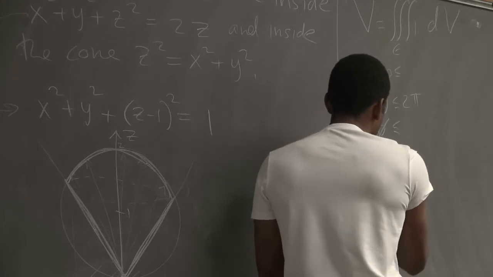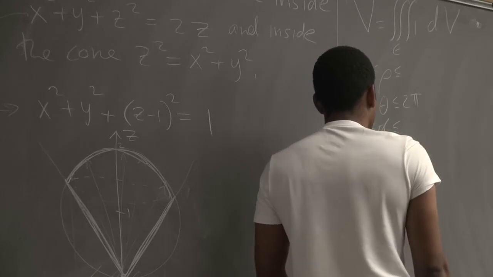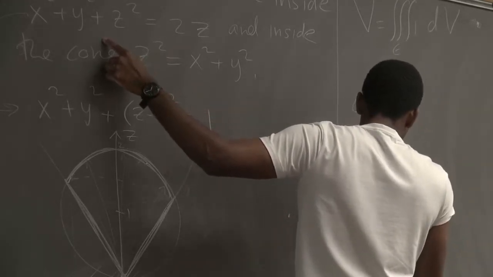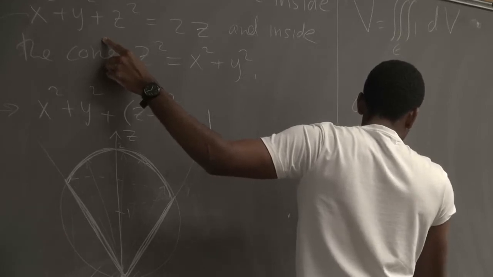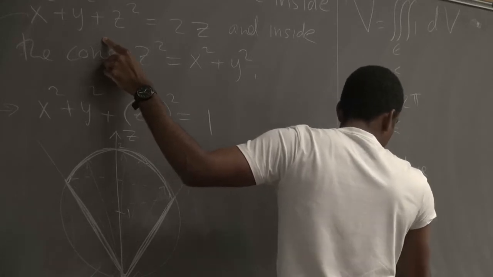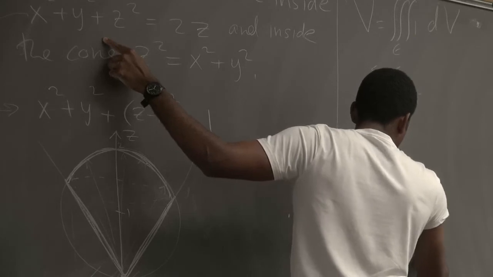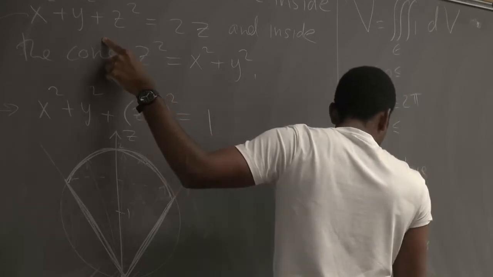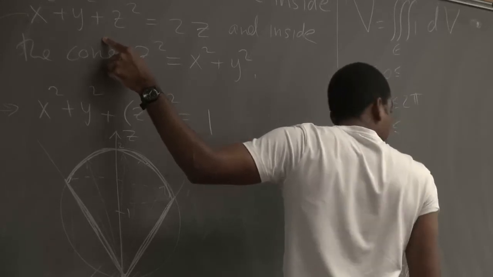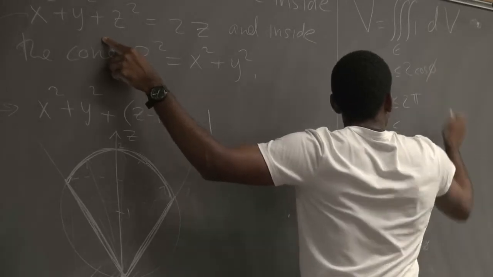Now what is the sphere's equation? x squared plus y squared plus z squared equals 2z, so rho squared equals 2 rho cosine phi. In other words, I can say my rho is equal to 2 cosine phi. So my rho goes from 0 to 2 cosine phi.